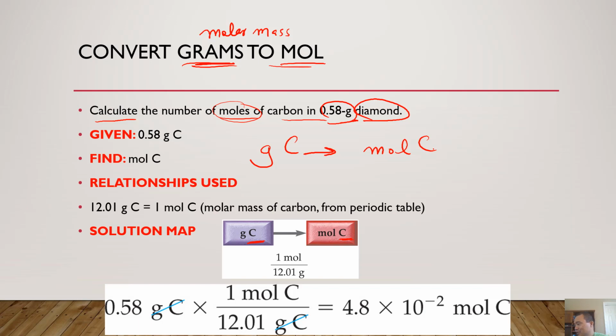Okay, so you have 0.58 grams of carbon to begin with. Then you want to convert grams of carbon to mole of carbon. Okay, you don't have to write carbon because we are referring to exactly the same thing all through the calculation. All right. So what is the mole and the grams relationship?